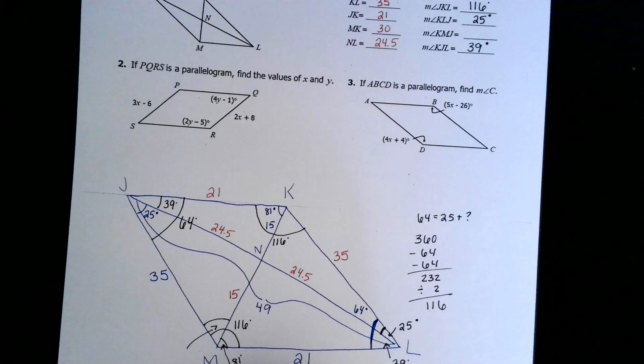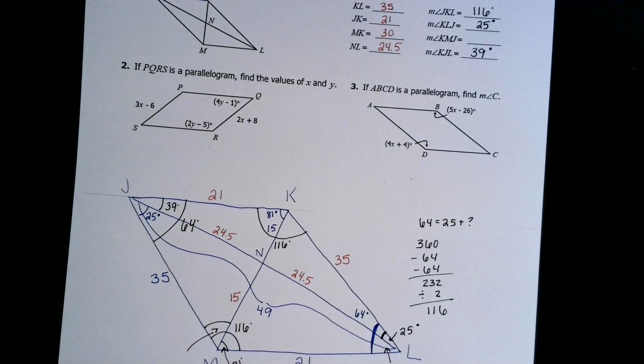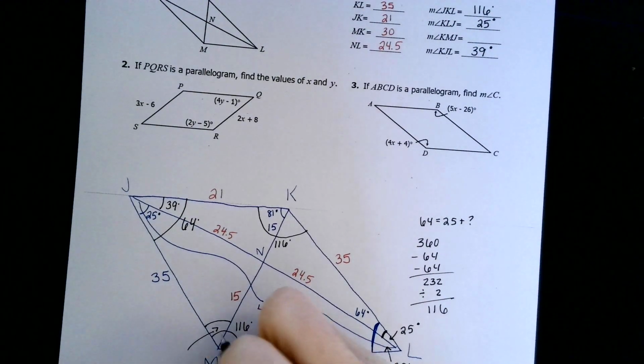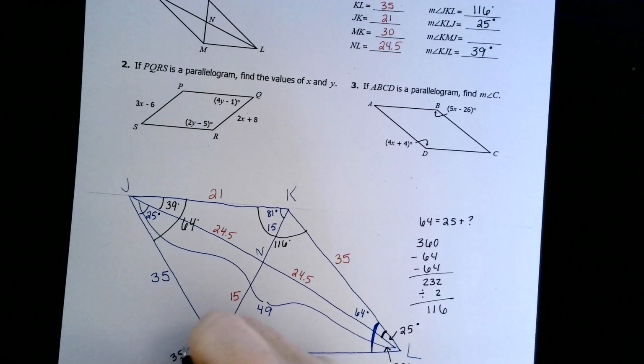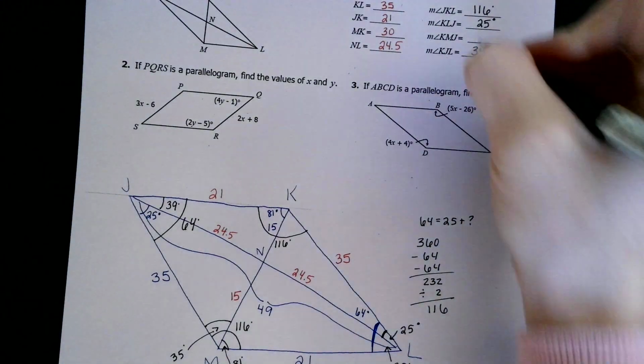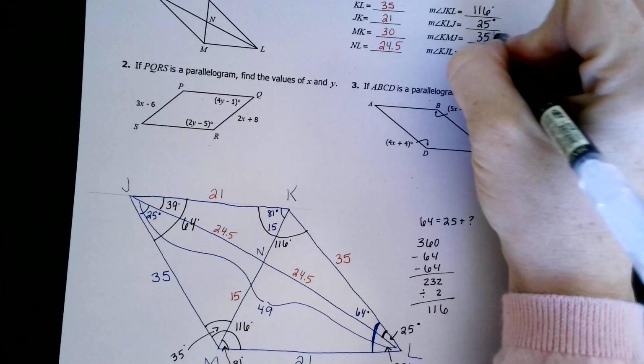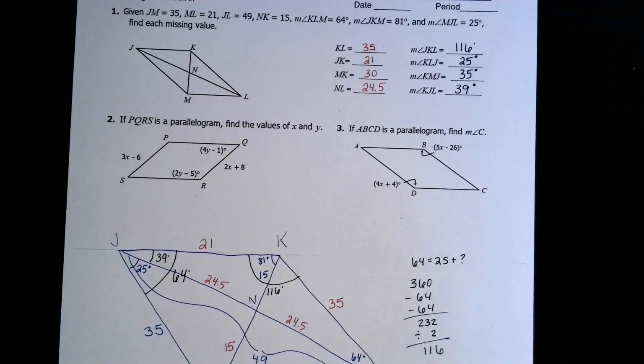So we have 116 minus 81. So this is going to be 35 degrees. That gets us all of our angles up there. The first one was a beast compared to the other two, I promise.